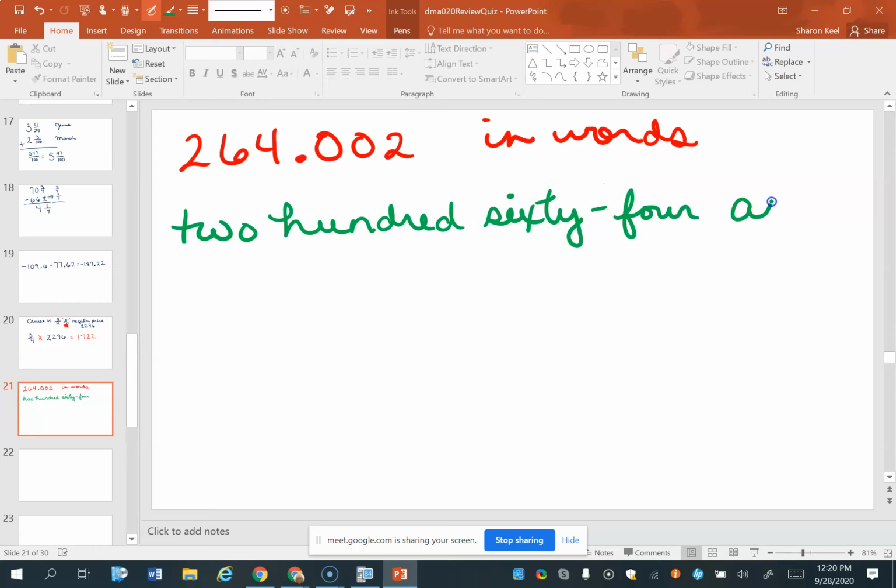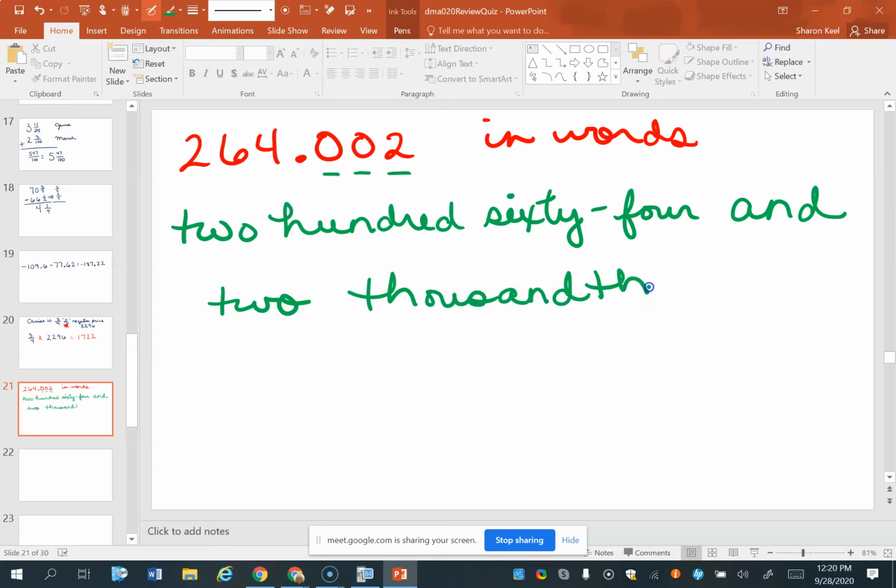Then we use the word and for the decimal. We read that as a whole number, just 2, and then count the place value: tenths, hundredths, thousandths. So it will be, and remember at the end of thousand, the and is the decimal point, 264 and 2 thousandths.